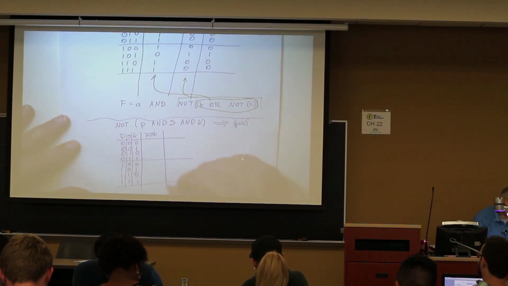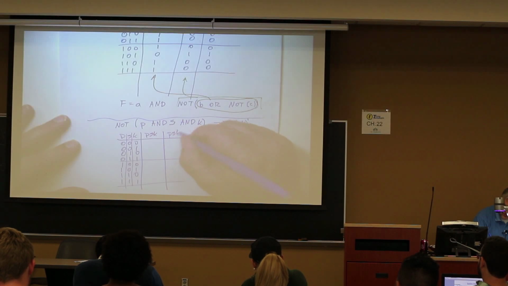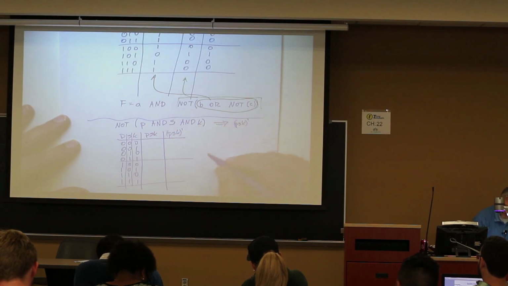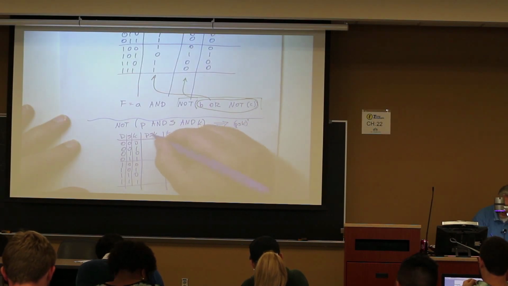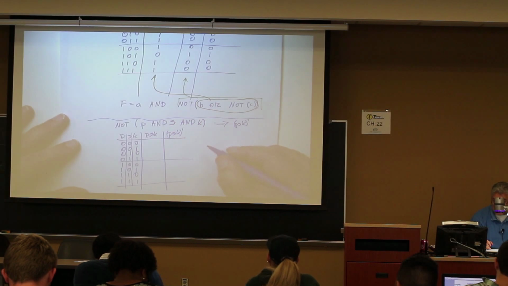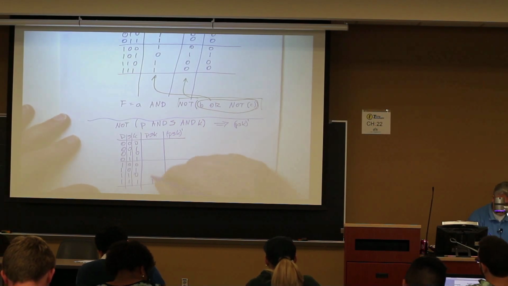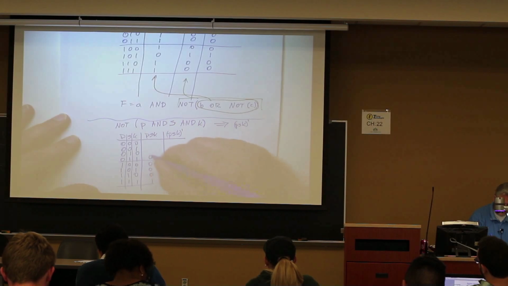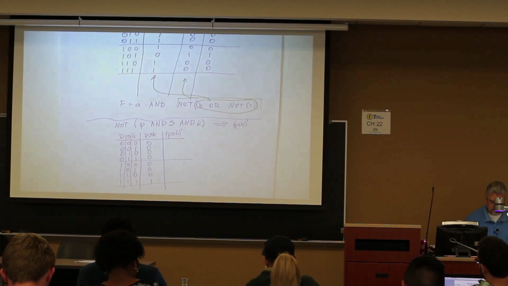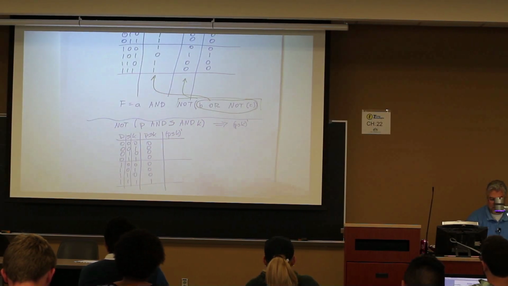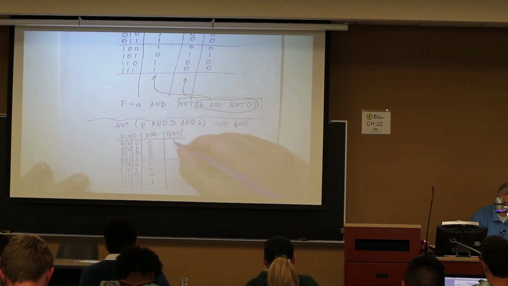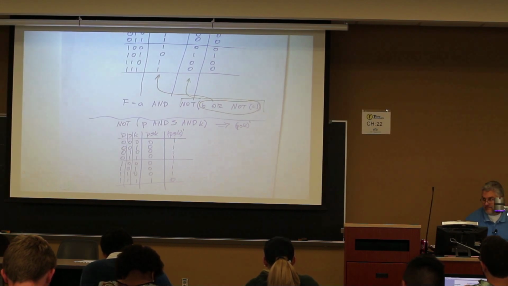So now we'll do PSK, and now we'll do PSK not. So P and S and K, really, which line is this? It's only that one, right? Everything else is going to be 0. But the not of that would be everything is 1, except for the last one.